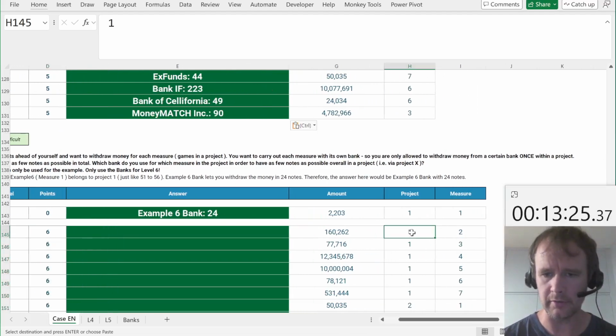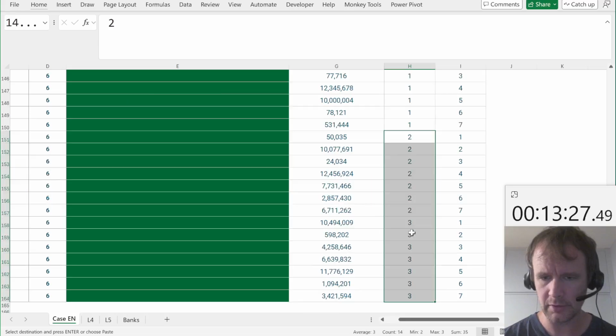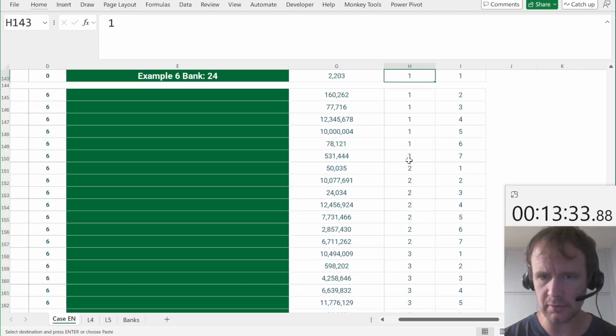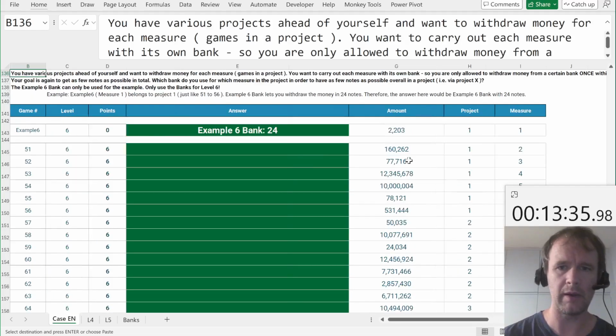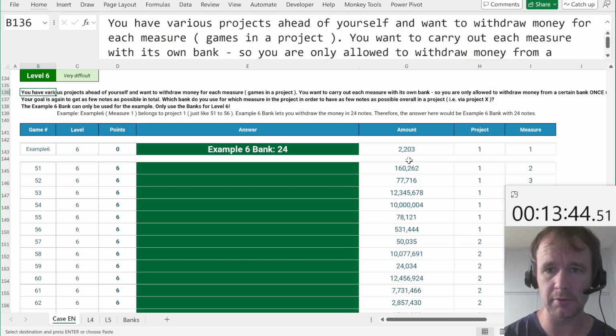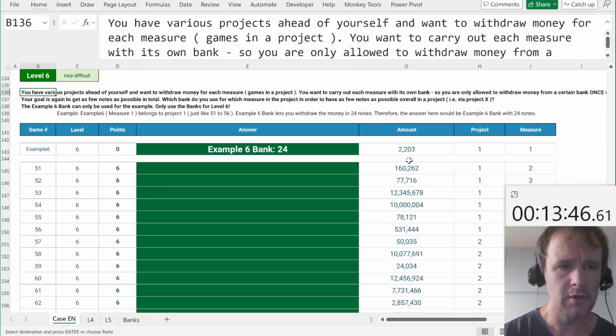Oh, sorry, okay, so like these are all one project. I see, I see. Oh my god. 7 of those and 7 of those. Okay. Wow. Okay. Which bank do you use for which project in order to have as few notes as possible overall in a project? The example 6 bank can only be used for example. Only use the banks for level 6.